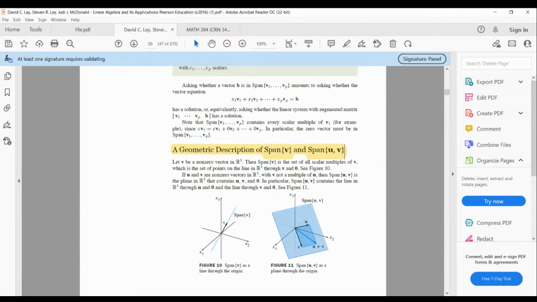It's always helpful to have a geometric feel for linear algebra. In figure 10 you see a vector v in three-dimensional space, and the span of that vector v geometrically would just create a line in three-dimensional space, because the span of the vector v is any multiple of the vector v. And so that would trace out a line in three-dimensional space.